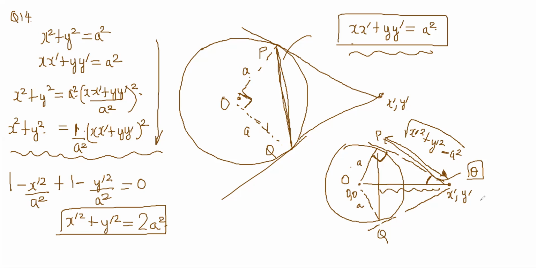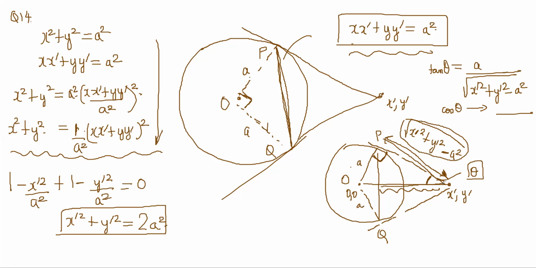From tan theta, you can get cos theta. You will do this distance into cos theta is equal to this much. Then we know OP, and sin theta is equal to this much. So add those two.